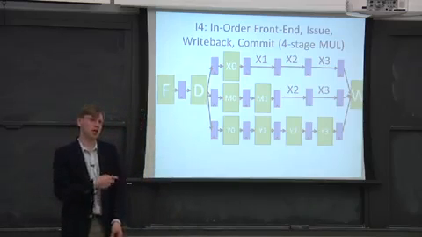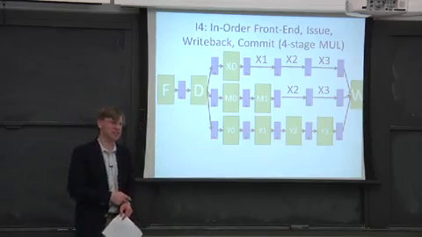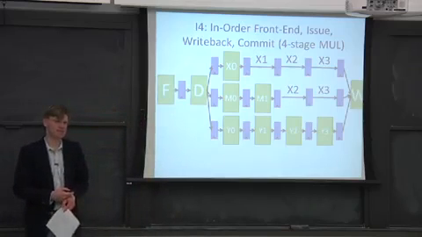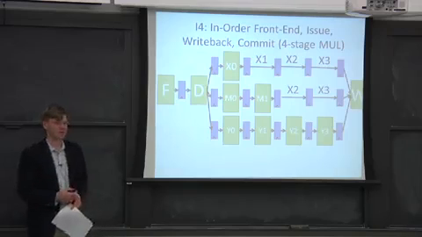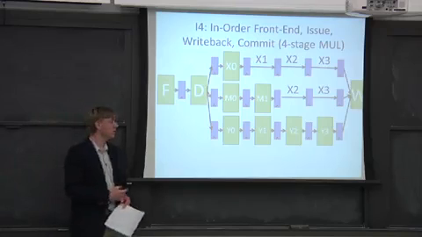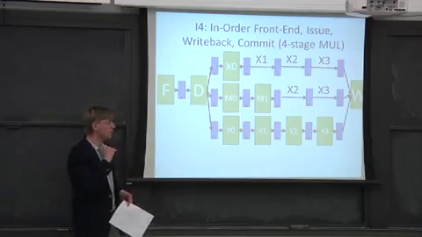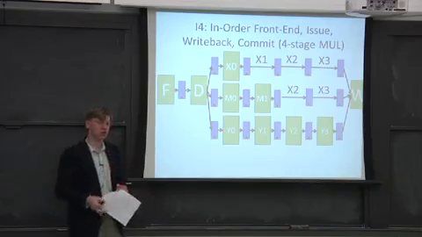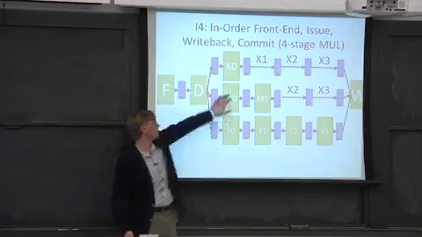And how much bypassing do we need? In-order pipe, 3 pipes, or 3 functional units, we'll call it. 1, 2, 3.